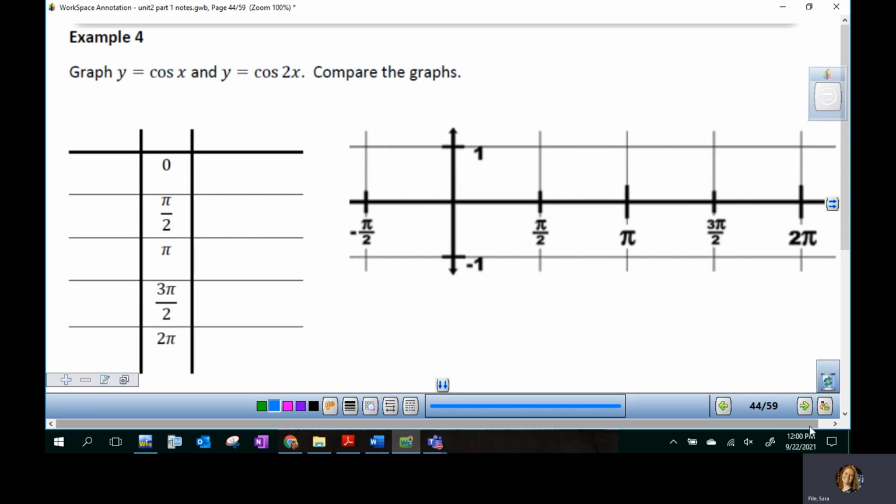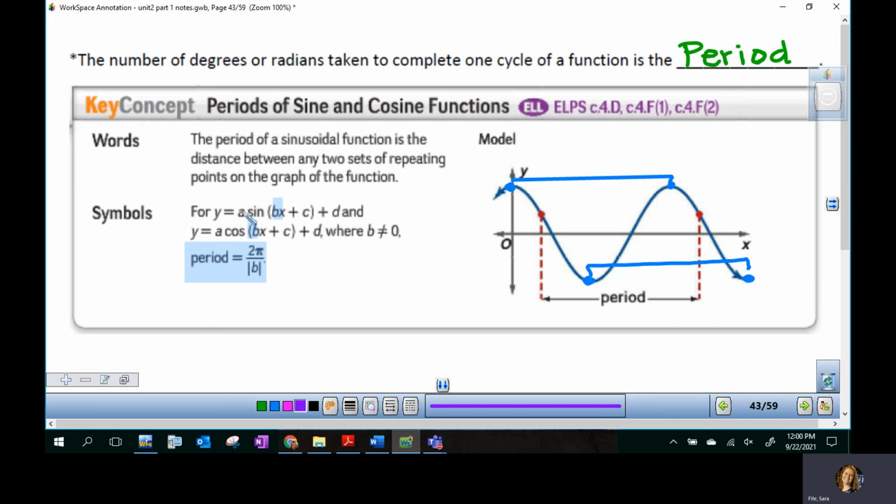All right, so let's try this example. First off, let's review what we talked about yesterday. What would the A value be here? Not 2, 1. Look here at the equation again. Remember, A is the coefficient in front of sine or cosine.